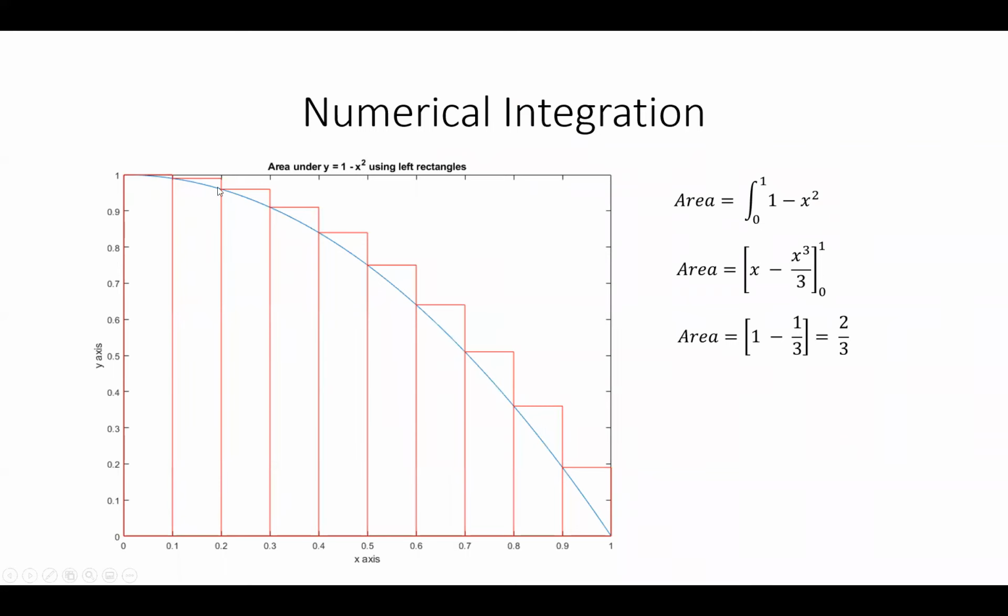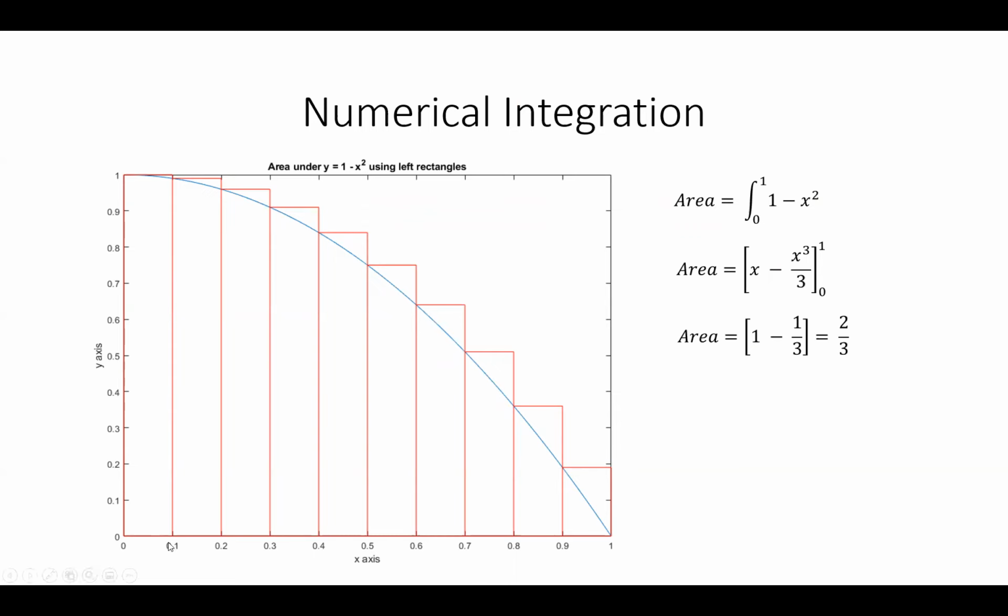And so here, once again, is our line for y equals 1 minus x squared. Essentially what I'm doing here is breaking this up into a series, in this case, of 10 rectangles. Each of the rectangles uses the leftmost value to calculate the height of the rectangle.